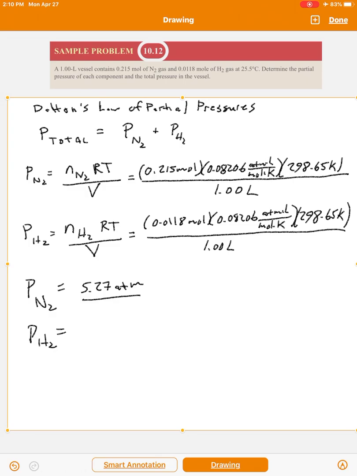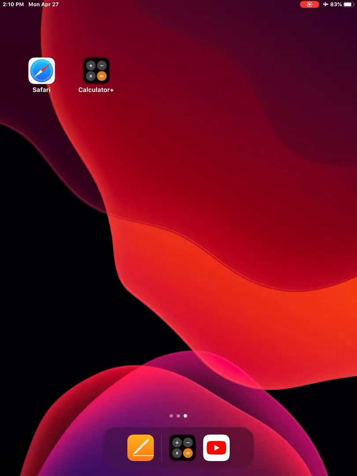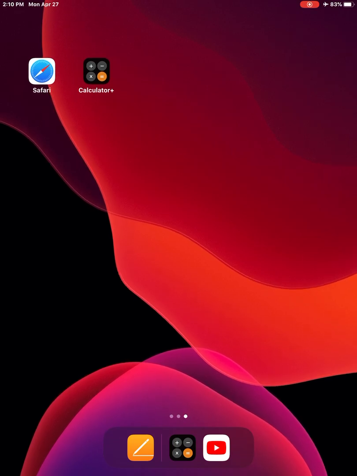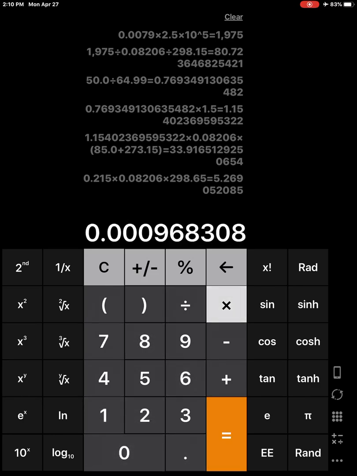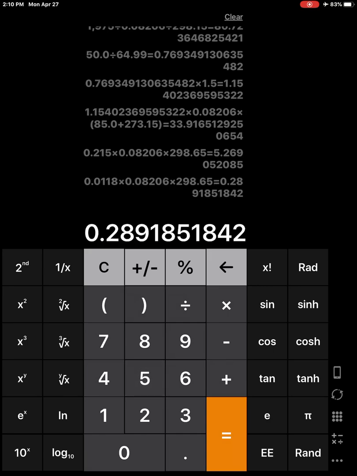Let's do the hydrogen. The only thing that's different is it's 0.0118 moles. Again, we don't need to divide it by 1. 0.289.